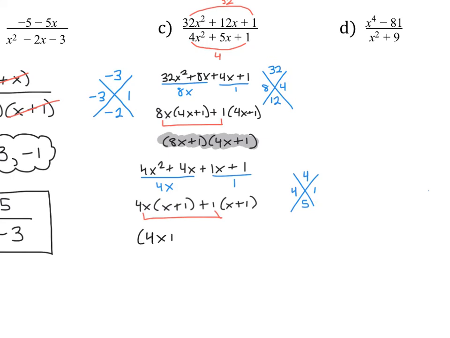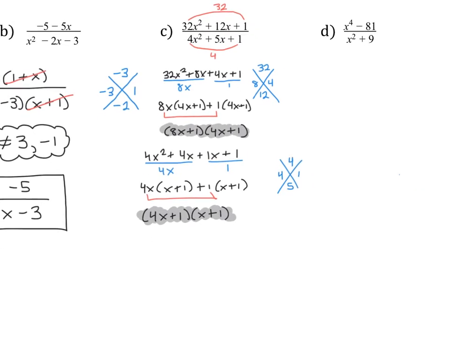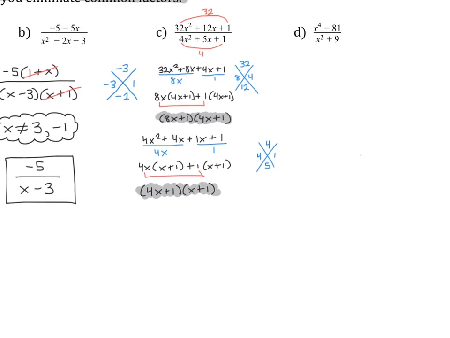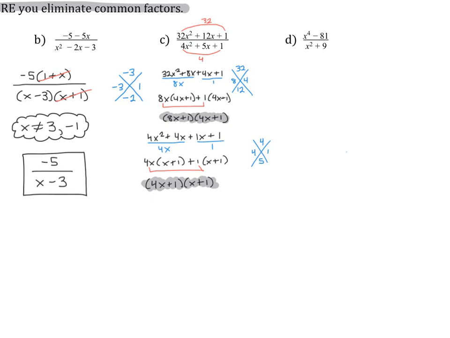So 4x plus 1 times x plus 1. So here's our denominator. So you can see already how important factoring is going to be in this lesson. So again, if any of this is still a little bit tricky for you, please go back and rewatch my old videos and get more practice with factoring.